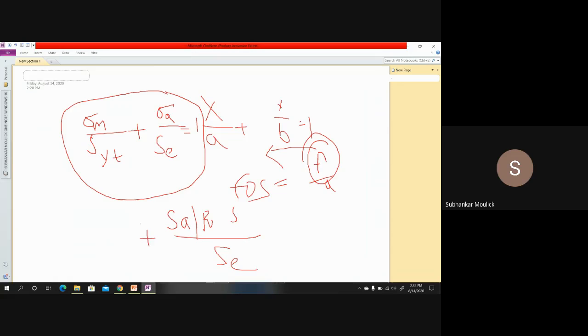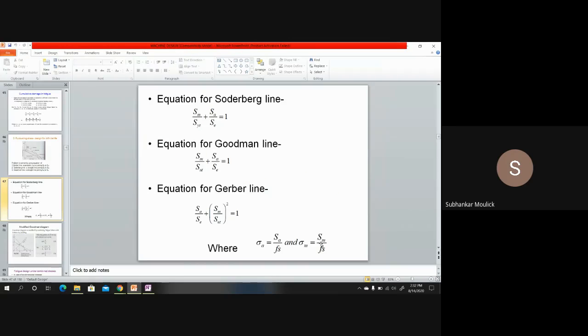Similarly, plus in place of sigma M, you can replace it by this value Sm by factor of safety, and then if you solve and take FOS common, you will get this expression. That is for Soderberg line, this equation becomes Sm by Syt plus Sa by Se equal to 1. For Goodman line, this equation becomes Sm by Sut plus Sa by Se is equal to 1. And for Gerber line, this equation becomes Sa by Se plus Sm by Sut whole square is equal to 1.